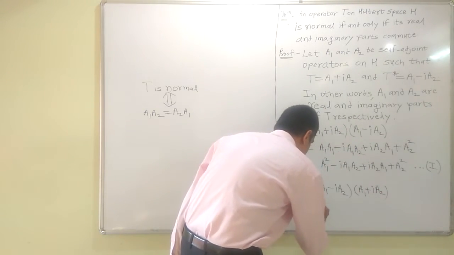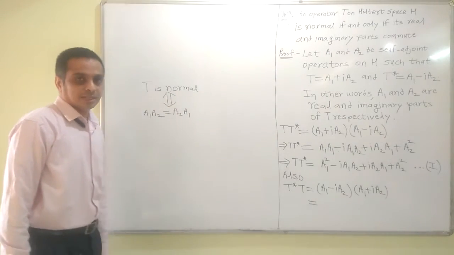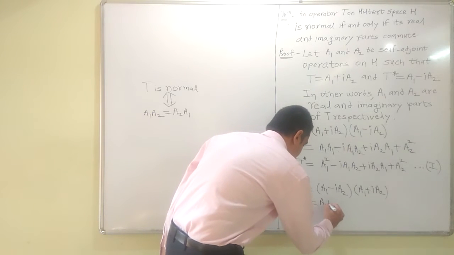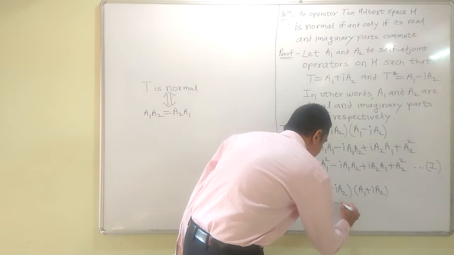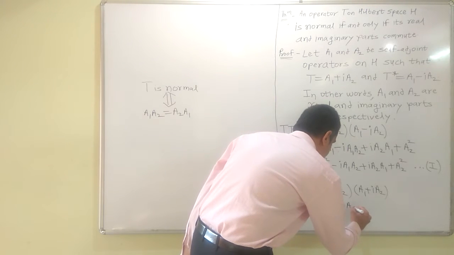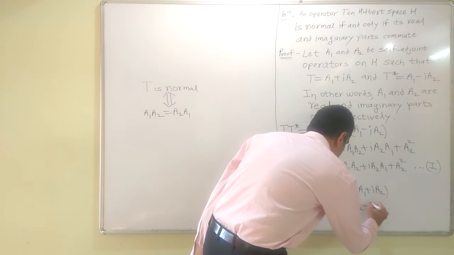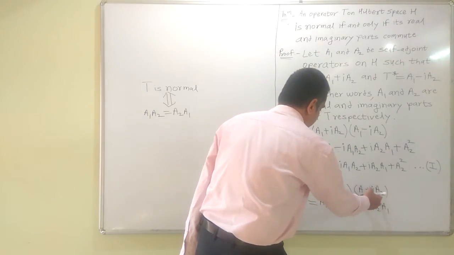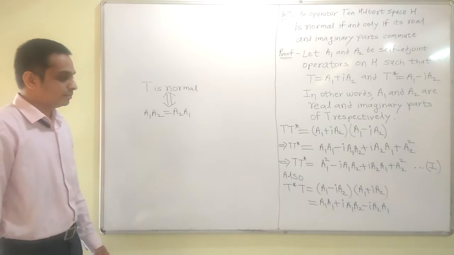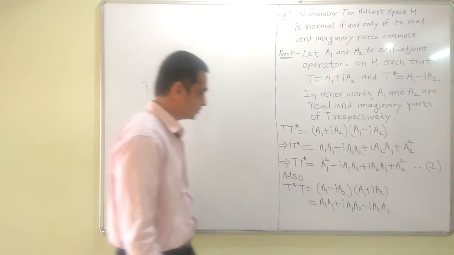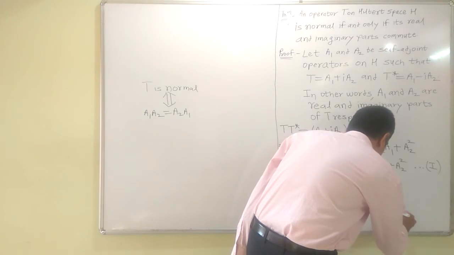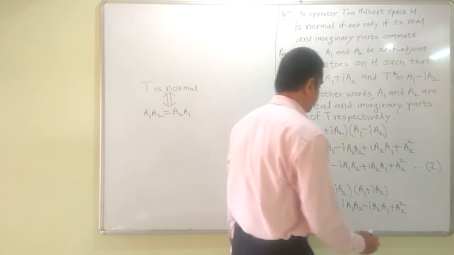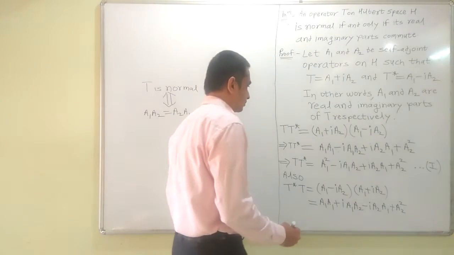This is going to be equal to A1 squared, that is A1 into A1, plus i A1 A2 minus i A2 A1, minus i A2 into i A2, that becomes minus i squared, but i squared is minus 1, so again it becomes plus A2 squared.